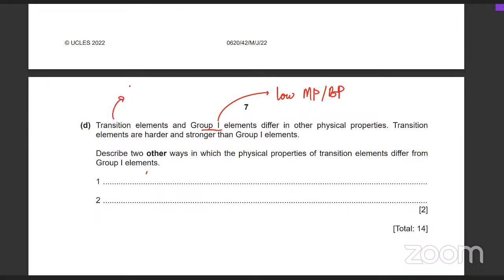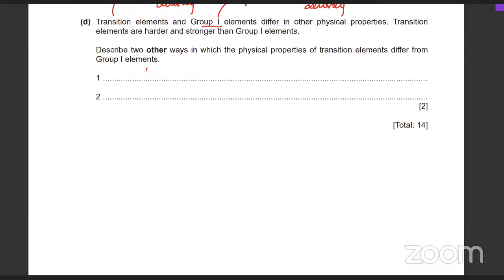Transition metals, ये अभी हमने दोनों properties लिख ली थी. और density कर लो कि high density भी होती है. That's the second point. Group 1 have very low density. Sodium, etc. They always float on water. They don't even sink. Their densities are even lesser than water. That's the next one.